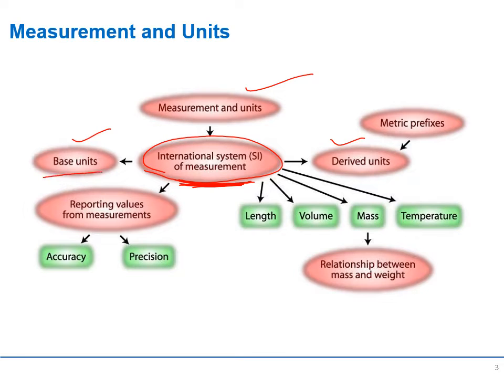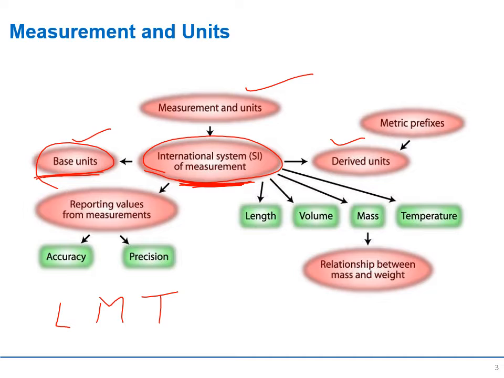When we say base units, scientists specified some base units in physics and then derived further units using these base units. The base units are length, mass and time.